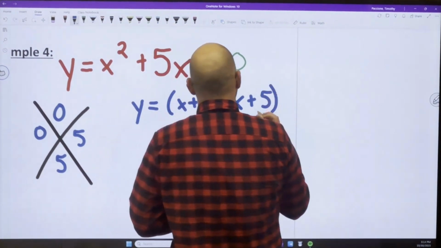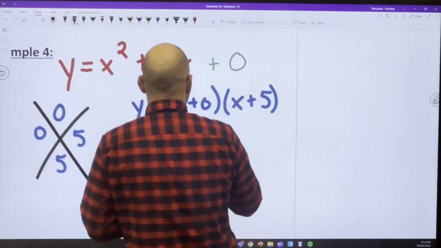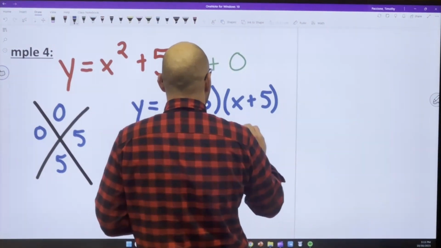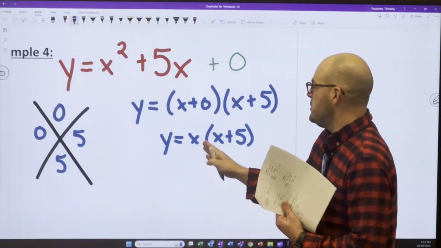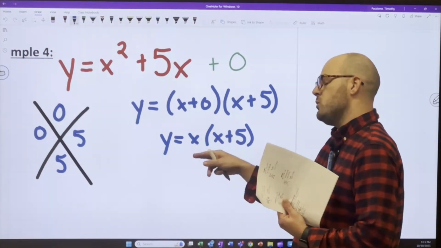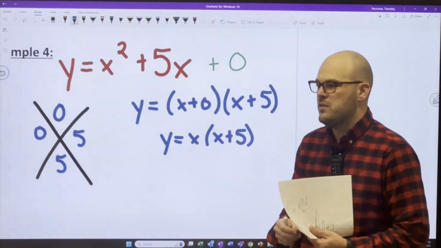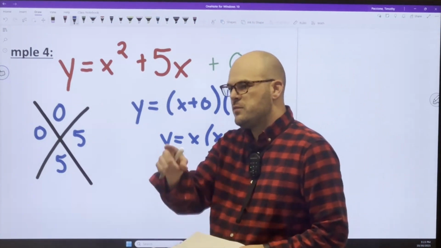And this can actually simplify. X plus 0 is just x. So this becomes y equals x times x plus 5. And guess what? This is called factoring, when you just pull it out. Like we talked about before, if you FOILed this back through, or you distributed it back through, you'd get x squared plus 5x. Whoa. That's okay. That's okay. If you understood it that way.